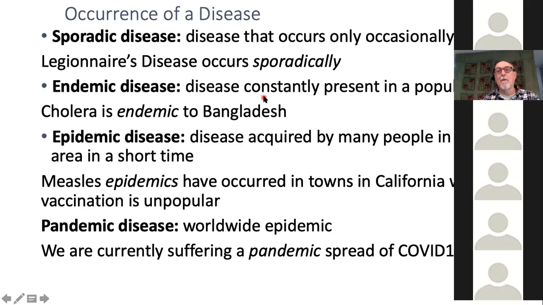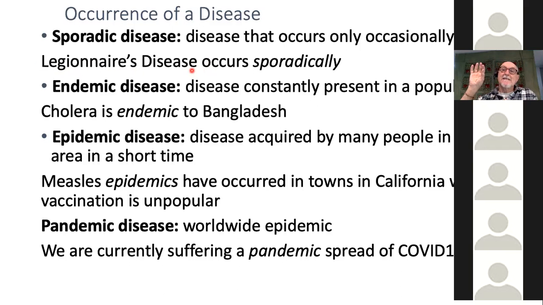A typical example would be Legionnaire's disease. Legionnaire's disease is caused by a bacterium called Legionella, which develops in water. And when that water is not vaporized, but turned into a mist and sprayed out, for example, from air conditioner units, and sprayed into the air, if people breathe it in, they acquire the bacterium and they can suffer from this disease.